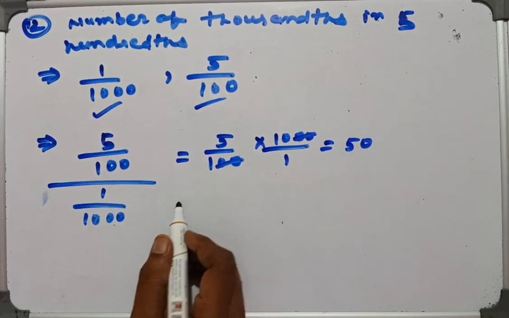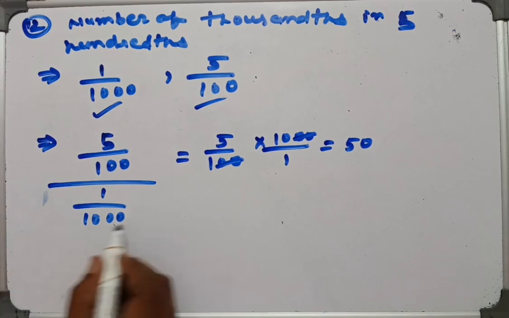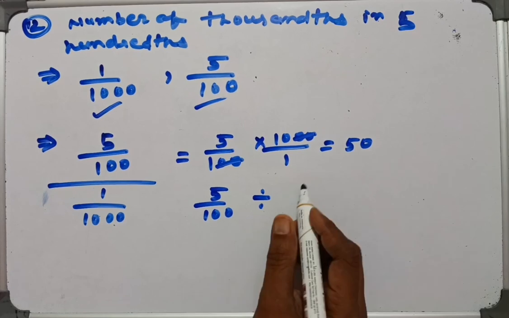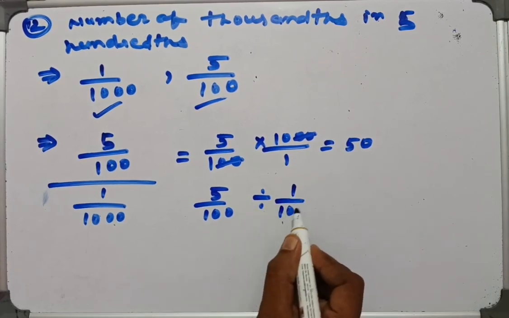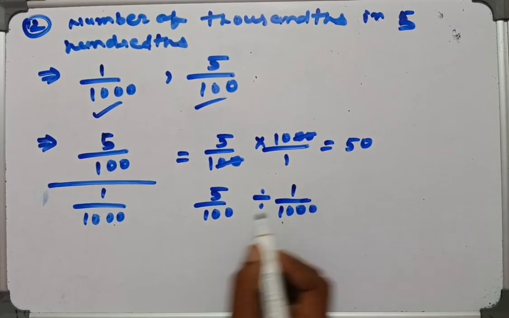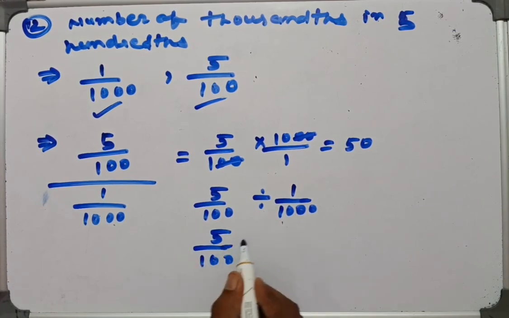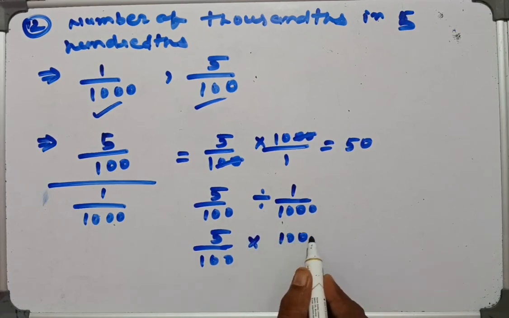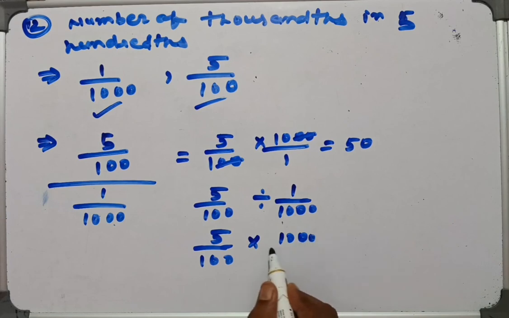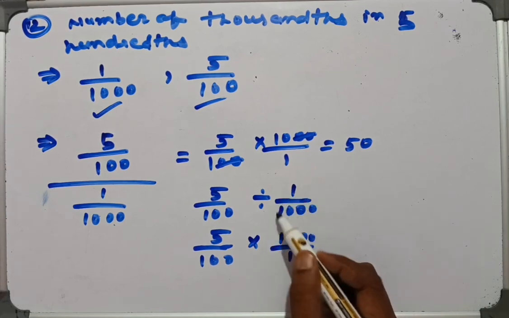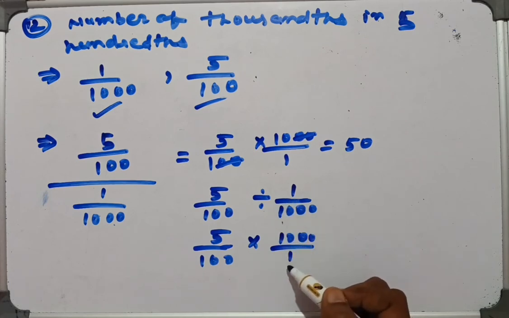Or you can make another way of solution: 5 by 100 divided by 1 by 1000. So you can write it as 1 by 1000. This division becomes a multiplication, meaning this denominator will go up and the numerator will come down, or becomes the denominator of this one.